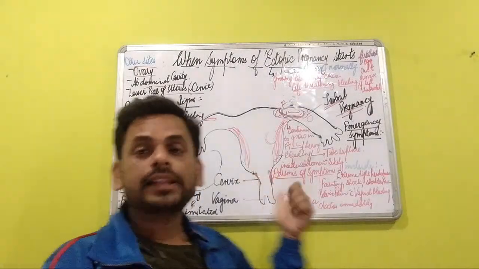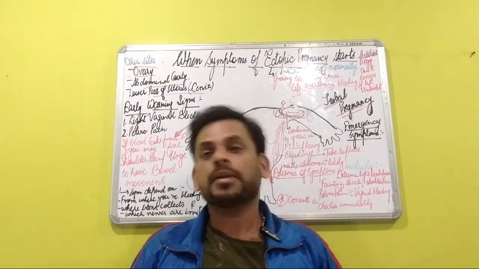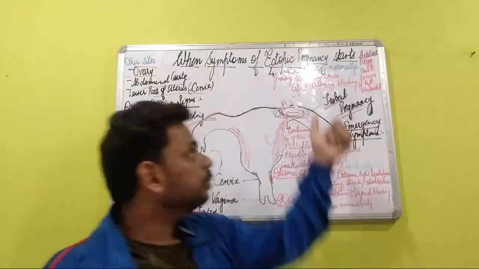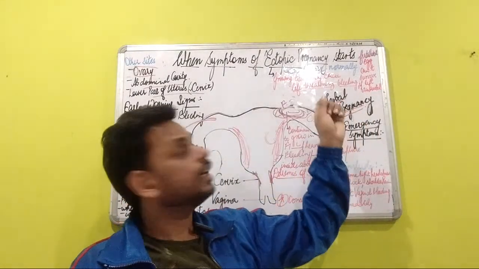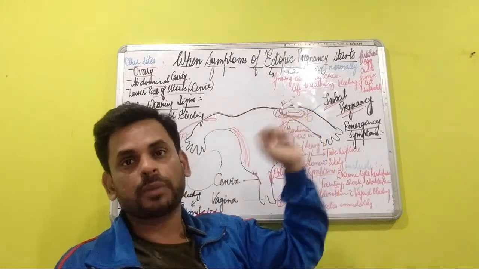These are the other sites, but the most common site for an ectopic pregnancy is the tubal pregnancy, where the embryo implants itself into the fallopian tube.